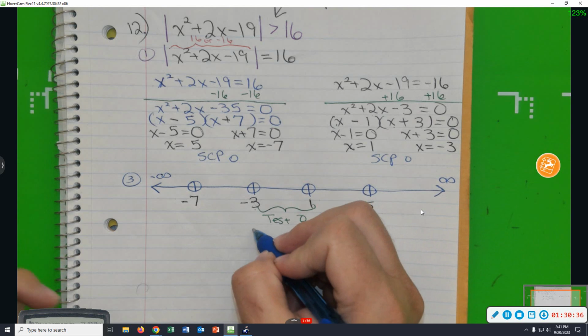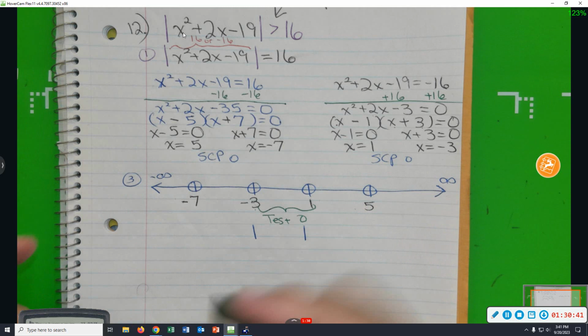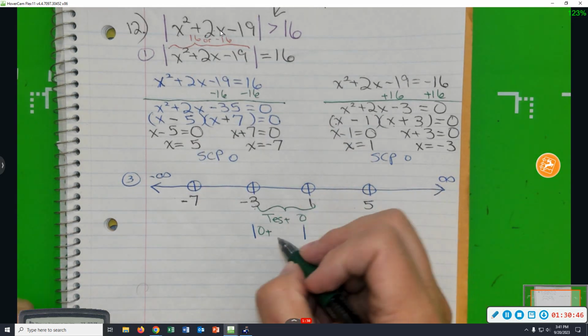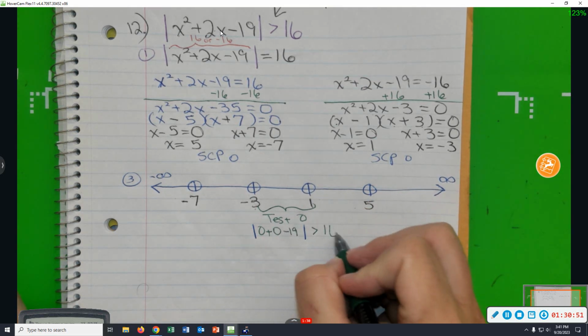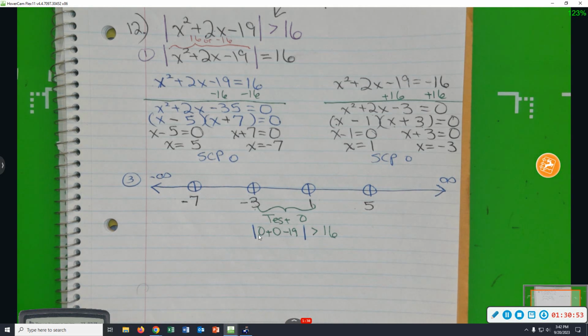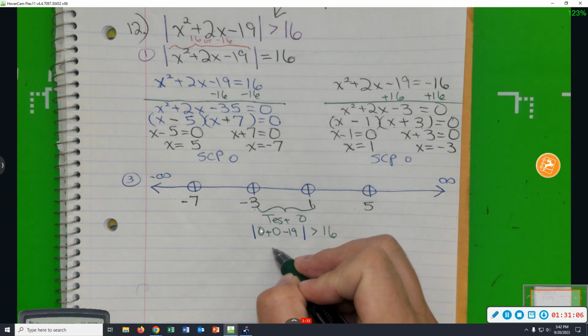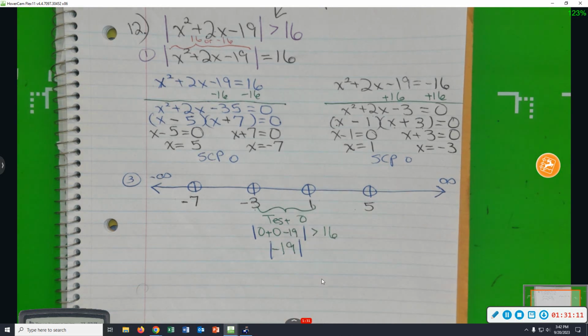We have the absolute value of 0 squared is 0, plus 0 times 2 is 0, minus 19 is bigger than 16. True or false? Be careful. What number? 0 plus 0 minus 19. So inside these blue absolute value bars, we have what number? Negative 19 is inside those blue absolute value bars.